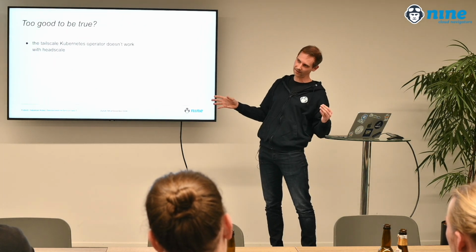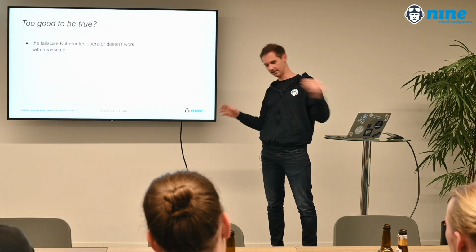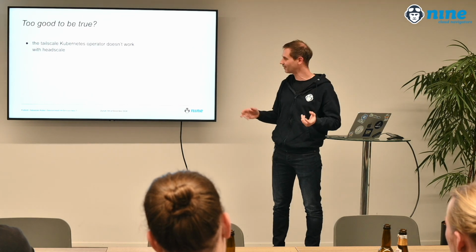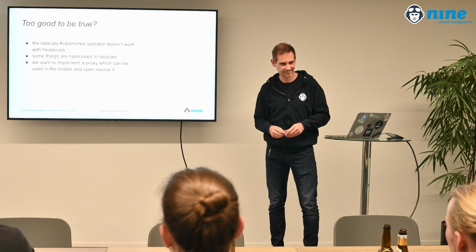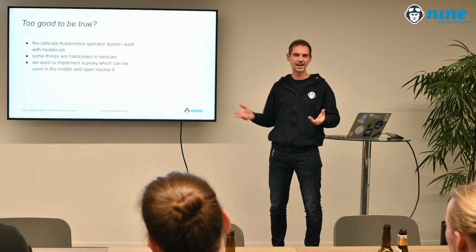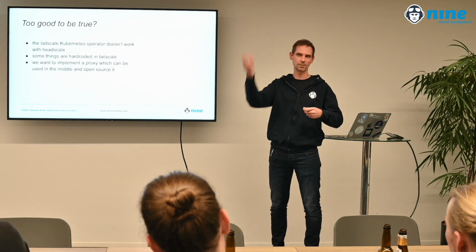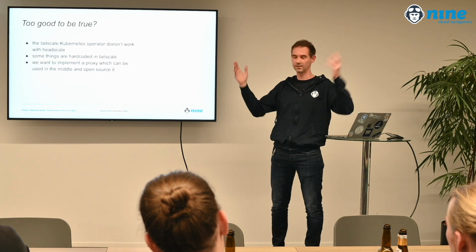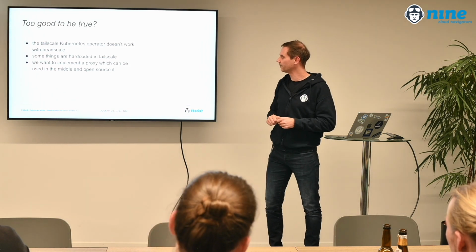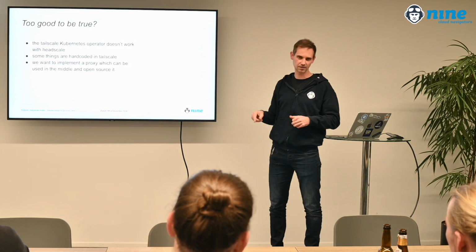So if you have something which can't directly talk to each other, what do you come up with? A proxy, right? So basically the idea was to come up with a proxy which implements those REST API endpoints and then passes that in gRPC format to headscale. And besides that, some things are also hard-coded in Tailscale.